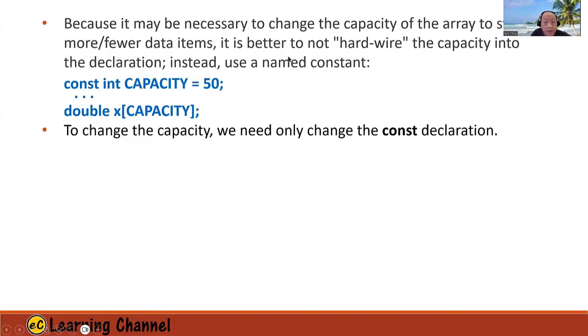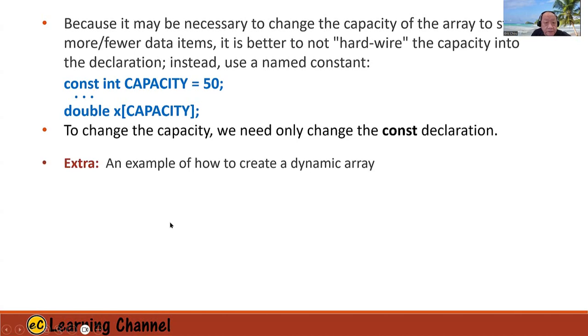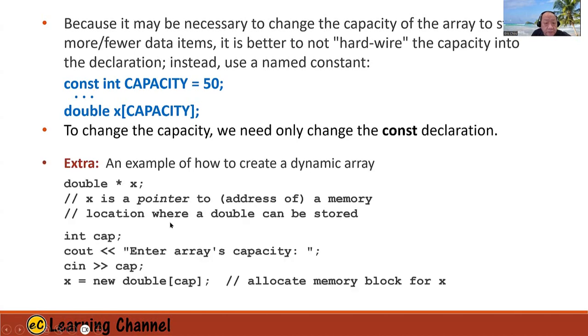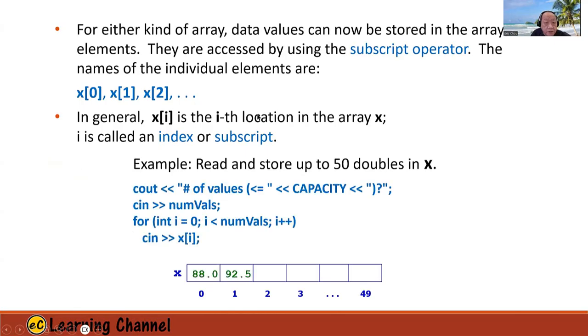The capacity or size of the array is predetermined, but you usually need to use a constant or a variable for it. A dynamic array uses new and returns a pointer that is the starting address of that dynamic array. We covered this last week.